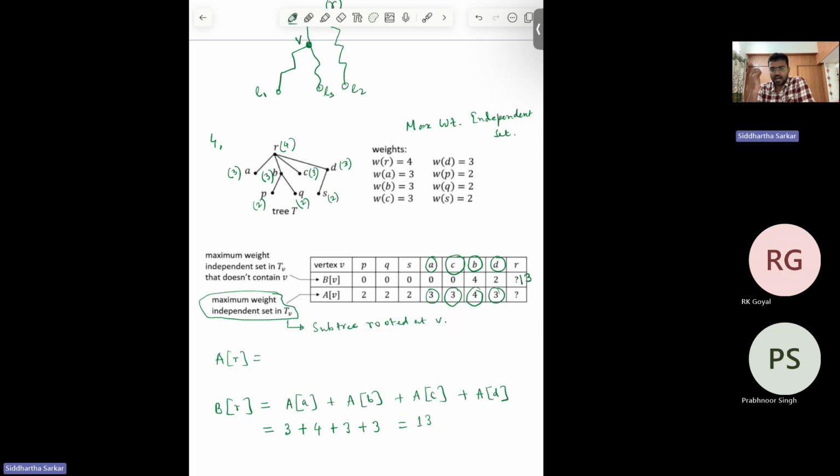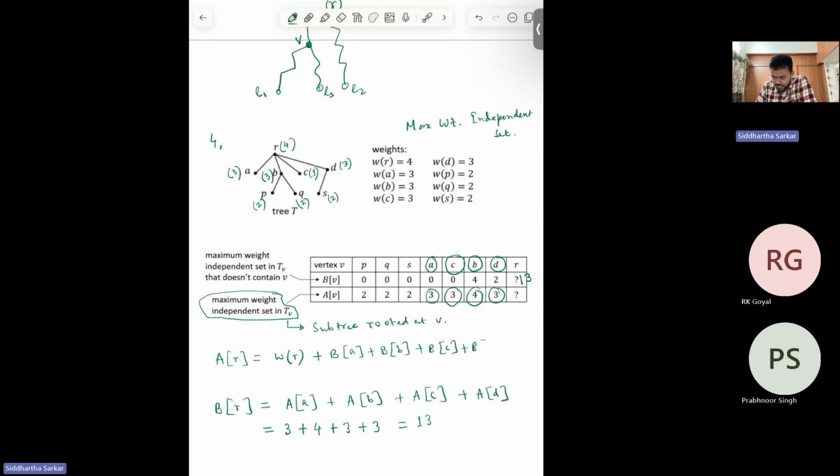If you take R, then you will get a weight of R. Plus, additionally, at the children of R, you are not taking the children, but you are taking the maximum independent set at the children while not including the children. So weight of R plus B of A plus B of the other children, that is, the sum over the children.